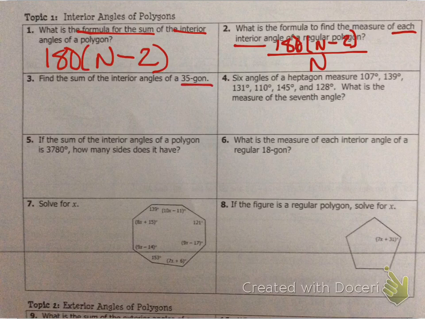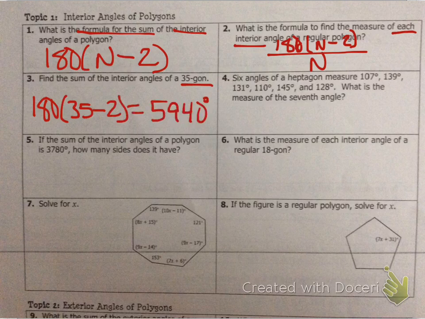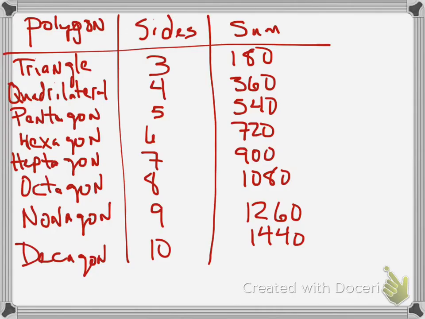So if I have a 35-gon I can say 180(35 minus 2) and get the sum. Now here's something else I would add. I might add this chart on your formula sheet, maybe on the back.